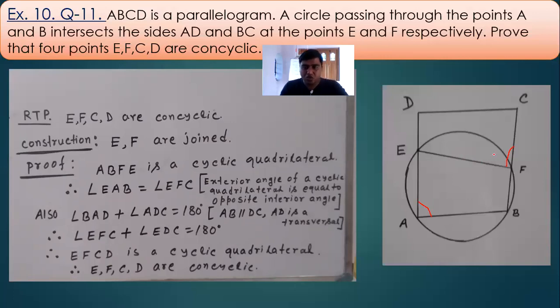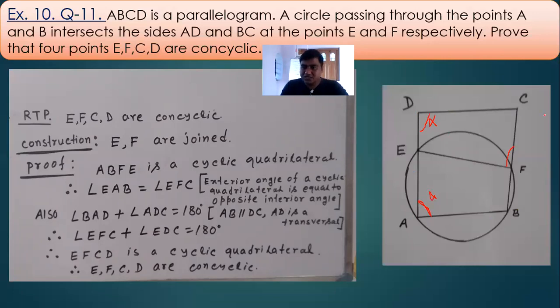But also angle BAD plus this angle is 180 degrees because AB and DC are parallel, as ABCD is a parallelogram, and AD is a transversal.